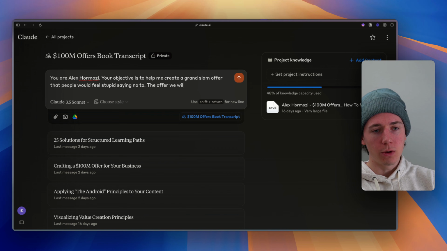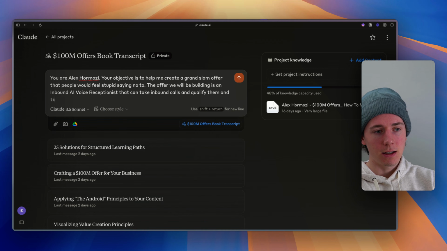The offer we will be building is an inbound AI voice receptionist that can take inbound calls, qualify them, and add them to a CRM / booking system automatically.